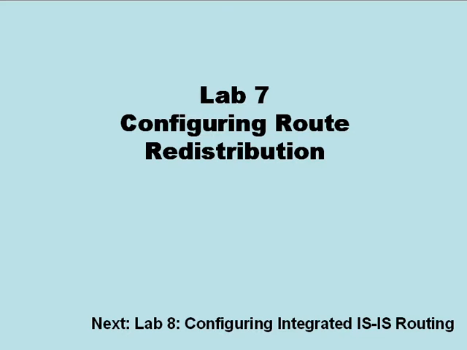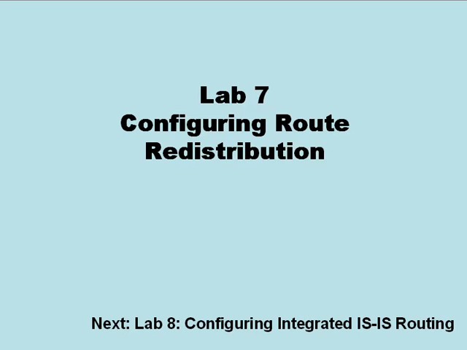We needed some relative level of measure that we could use as we were doing this redistribution, and we talked about the need for a seed metric or default metric. We saw that OSPF had a default or a seed metric of 20 for routes being injected into OSPF, but EIGRP does not by default have a seed metric. So we configured a default metric for EIGRP, and we specified parameters that could be used in EIGRP's metric calculation.